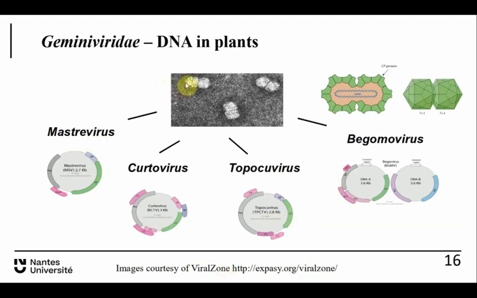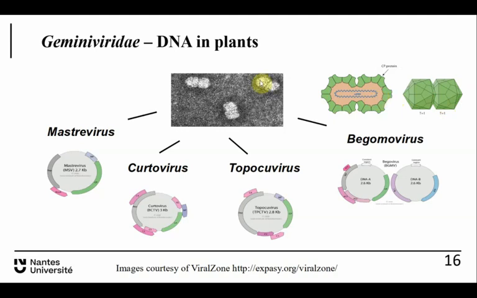Geminiviruses have these very small, twinned icosahedral capsids. It's very specific, and no other virus has this kind of capsid structure. If you look at these in more detail, it's like two very small icosahedral capsids stuck together. And inside there, you've got the virus genome, which is single-stranded DNA.